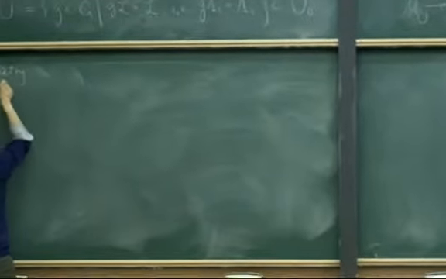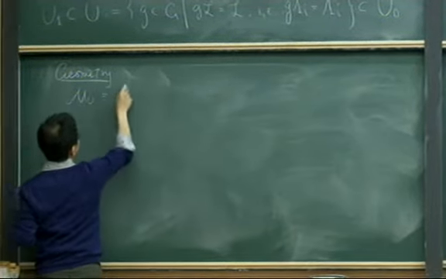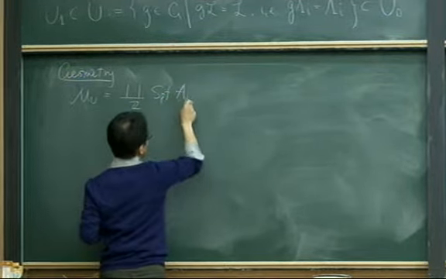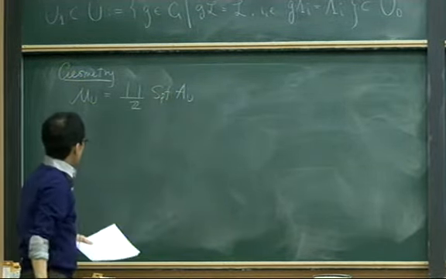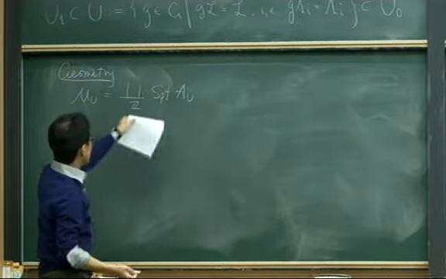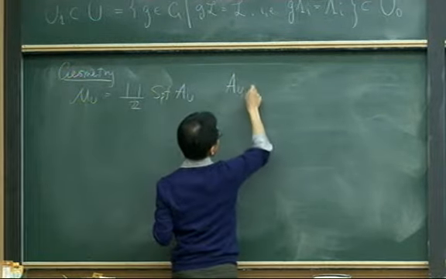Now the geometry. So M_U is a disjoint union of Z isomorphic copies of some complete local ring.